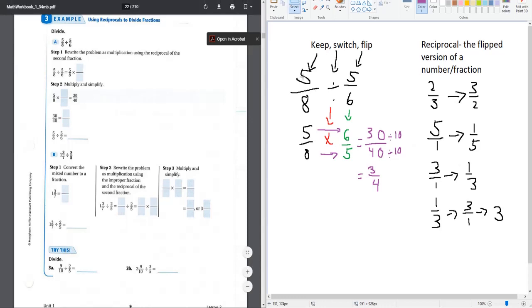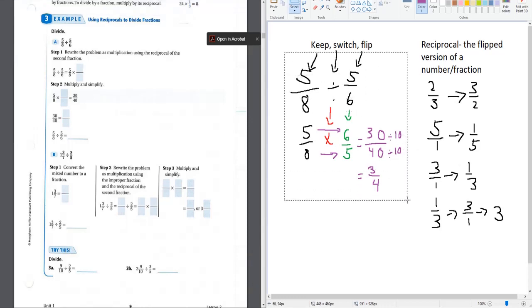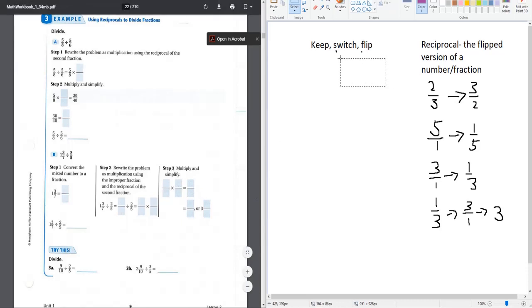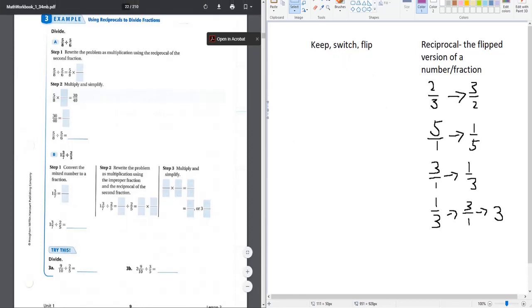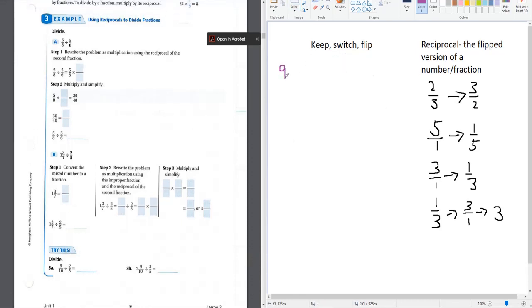So again, I'm going to move this. Okay, so let's try 9 over 10 divided by 2 over 5. Okay, we're going to keep the front number. We're going to switch the sign, and then we're going to flip the second number.